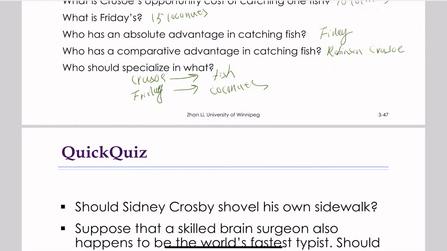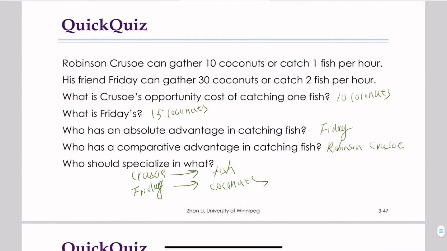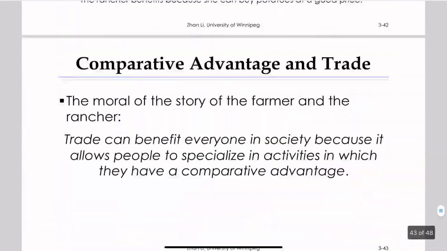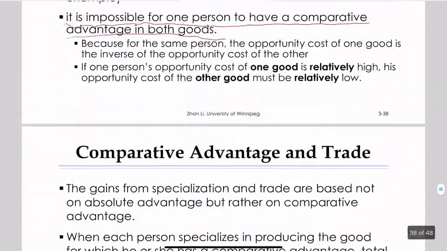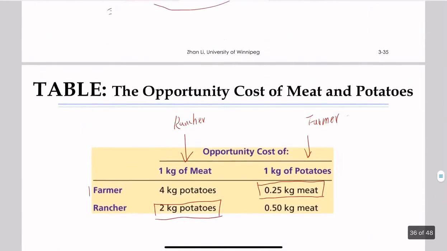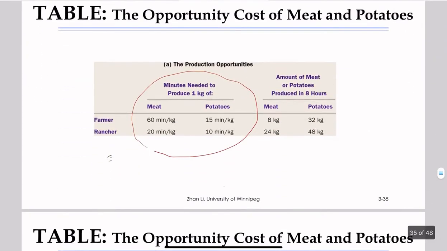So the example is, in this example, we talked about the rancher and farmer, right? Basically, you're given a table which gives you some productivity numbers. So, for example, this gives you the productivity of the farmer and the rancher.